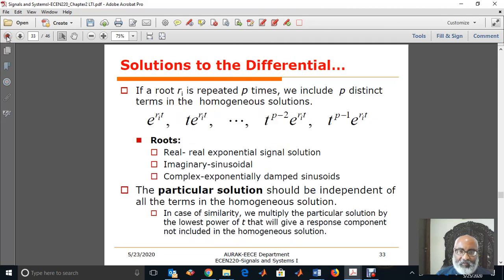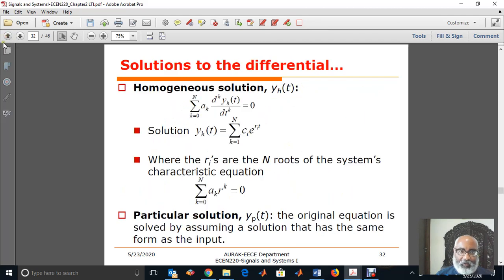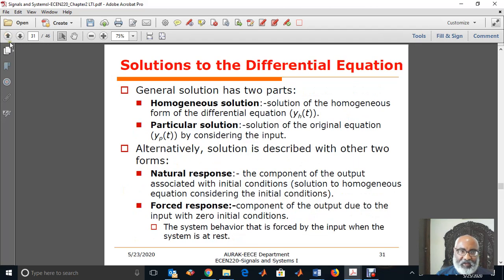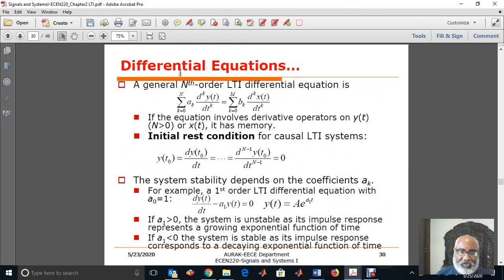So we compare it with the original equation. That means A0 is the coefficient of y where there is no derivative. A1 is the coefficient of y where there is the first derivative.